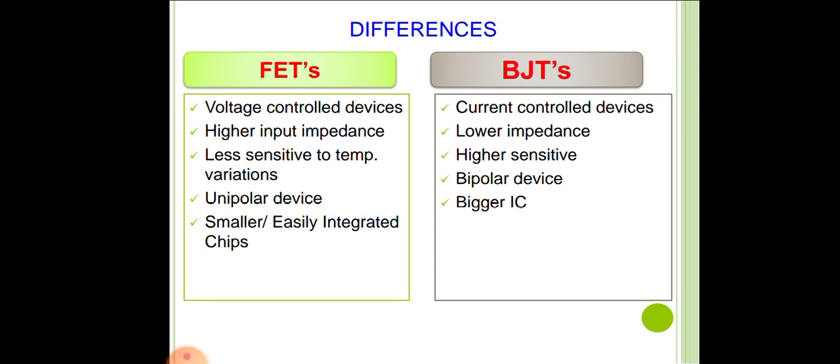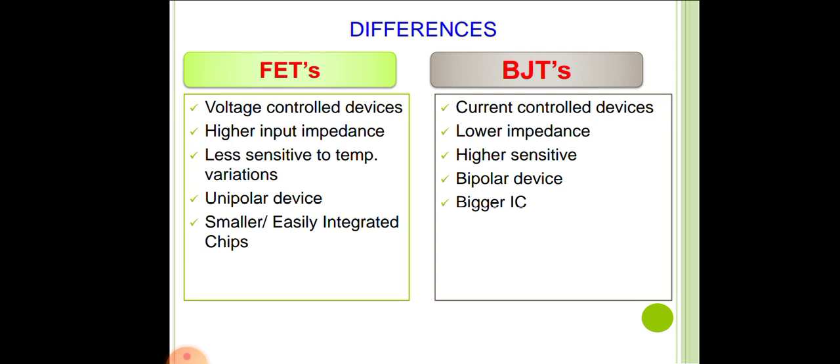Then FET is a unipolar device, as I said. The conduction takes place due to only majority charge carriers, and BJT is a bipolar device, so the conduction takes place because of both majority as well as minority charge carriers. Then FET is smaller in size and easily fabricated on integrated circuits, because they are smaller.